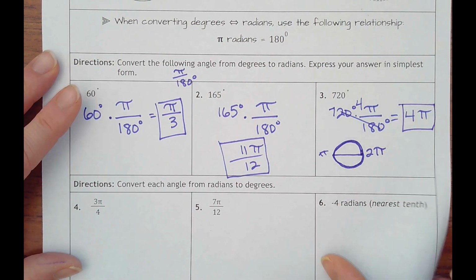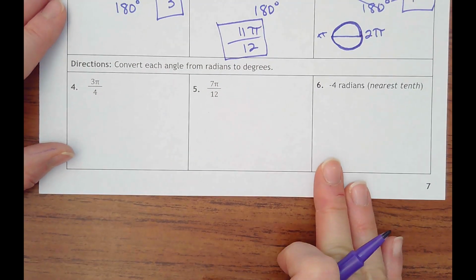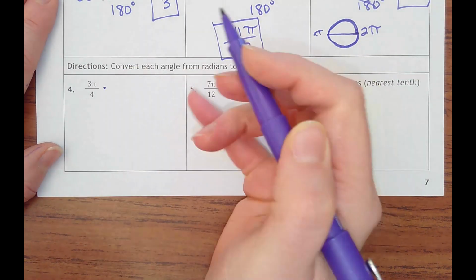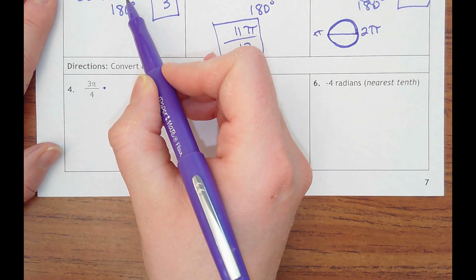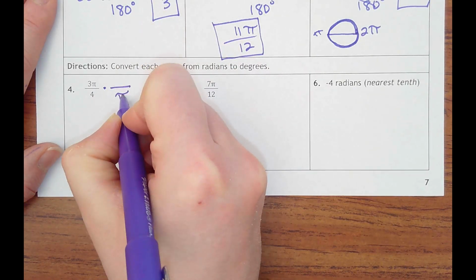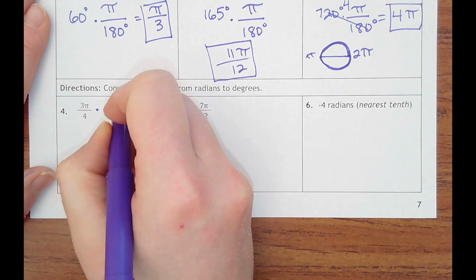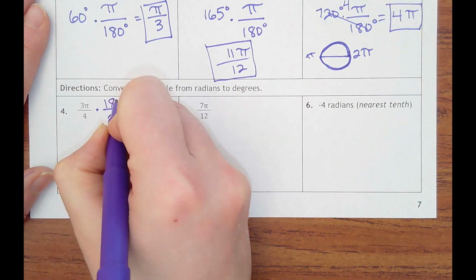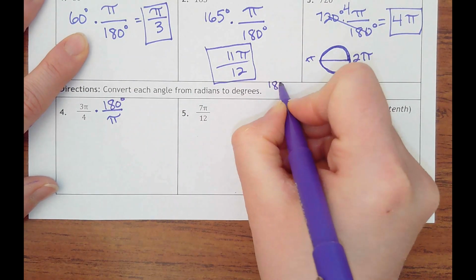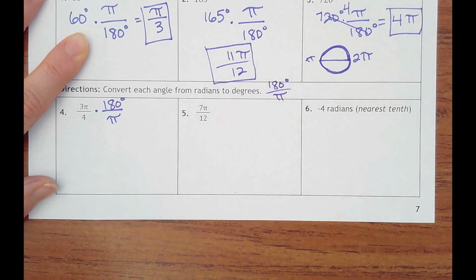Okay, what if we want to go the other way? We want to convert between radians and degrees. Well, we use the same conversion factor, that 180 degrees is pi, but this time, since pi is in the numerator, I want to put pi in the denominator. So I put 180 degrees on top. I'm going to do that every time. Your degrees over pi.